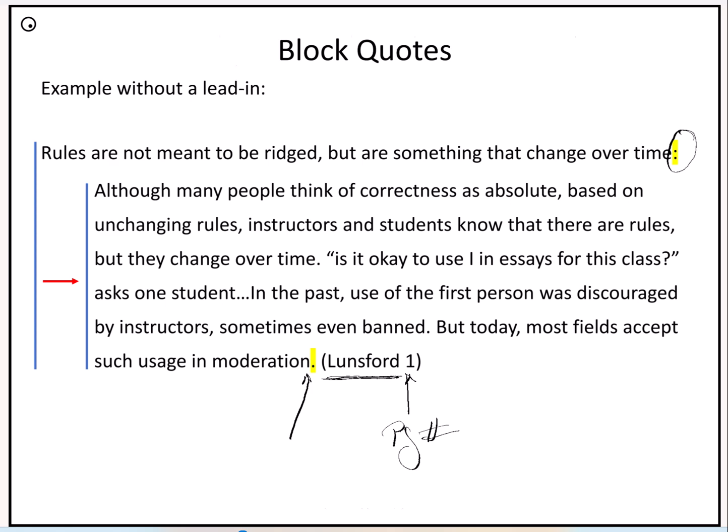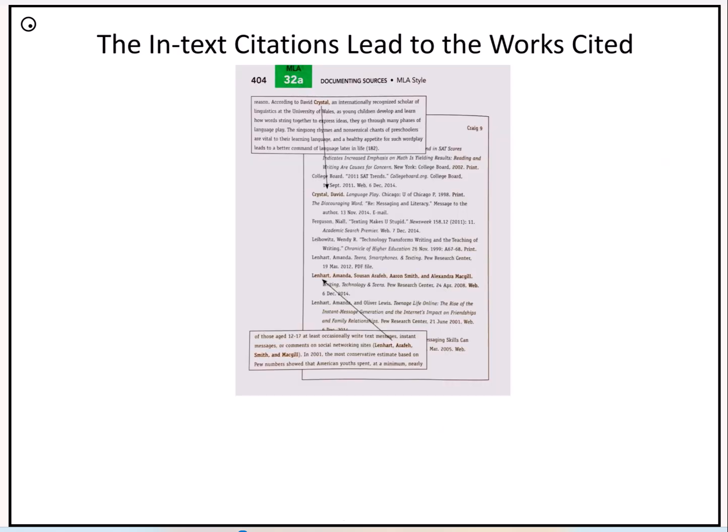Okay, so all of this comes to, and this is a picture from that textbook I was talking about, you don't need to see this up close. If you look at any Works Cited MLA, you'll see this, but this is just to get the point across.